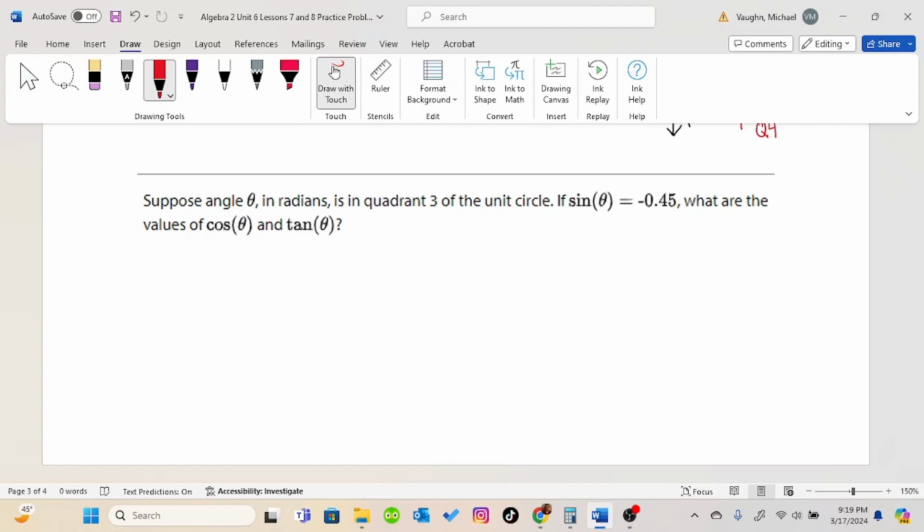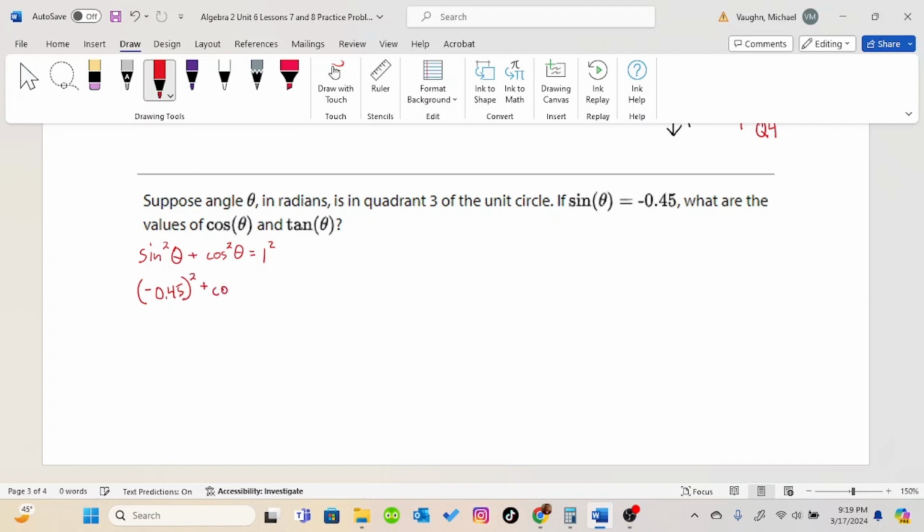So this is where we need to use the Pythagorean identity. We know that sine squared theta plus cosine squared theta equals 1 squared in a unit circle. So now I know that sine is negative 0.45.